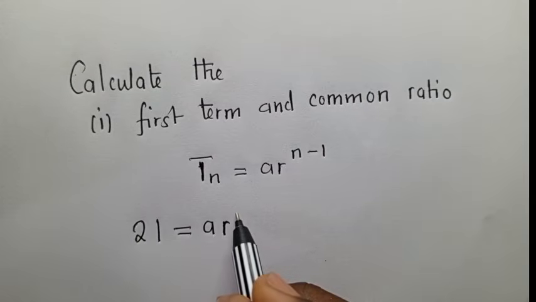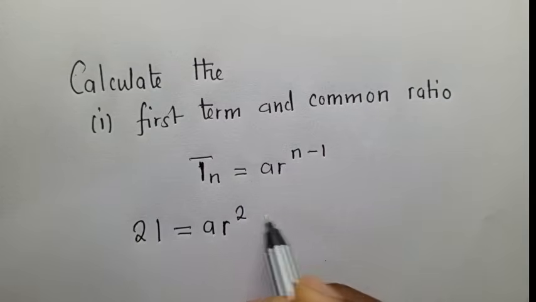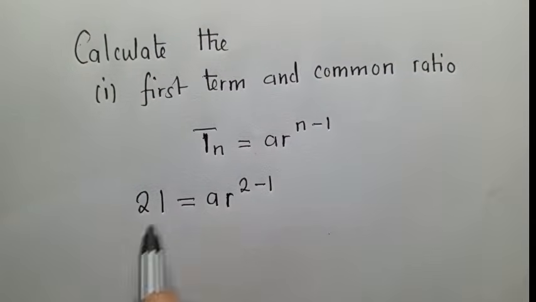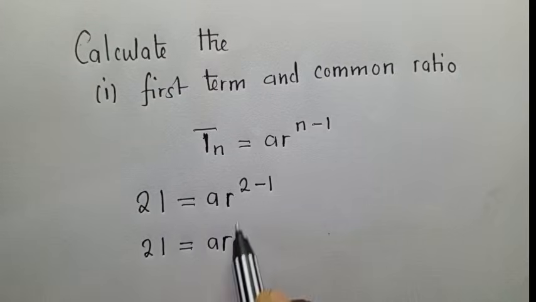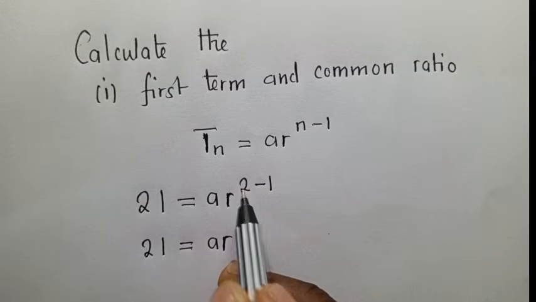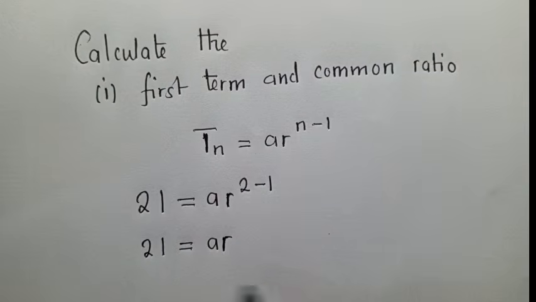Where there is n, we'll put 2, so it's 2 minus 1. Simplifying, we have 21 equals AR power 1, because 2 minus 1 is 1. This is our first equation.